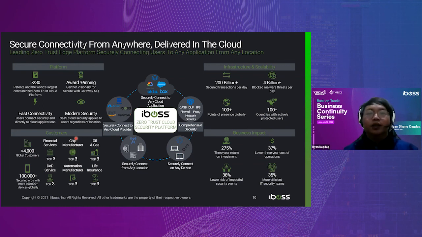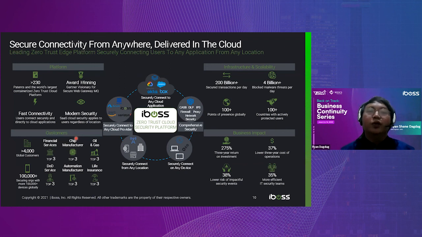When it comes to business impact and business continuity, we provide a full cloud solution to ensure all users, wherever they are, are still protected. In some cases, we can also do a hybrid setup or full on-prem. It depends on the requirements on a case-to-case basis that you want to enforce in your environment. In line with business continuity, iboss inspects data traffic before reaching any application so that resources and endpoints will not be compromised.